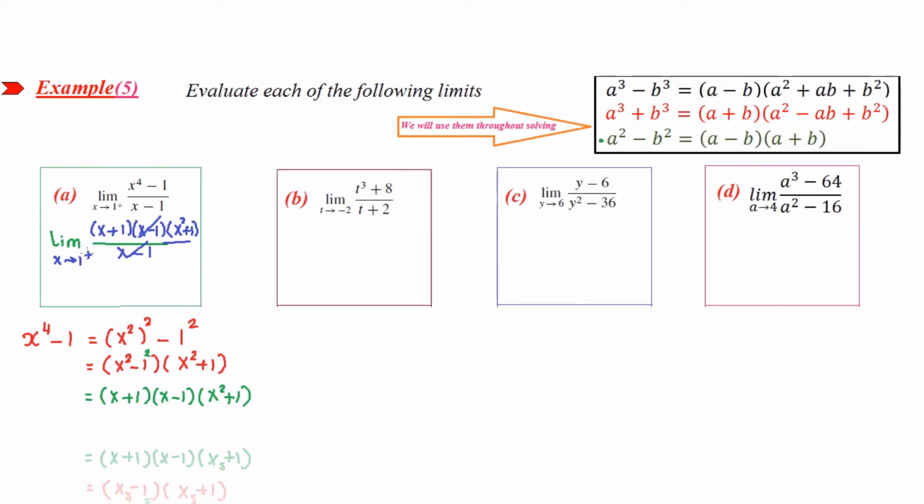This is 1 from right, so you have to replace 1, that's it. 1 plus 1 times 1 square plus 1 divided by 1. So 1 plus 1 equals 2, and 1 plus 1 equals 2. We have 2 times 2, which is equals to 4.